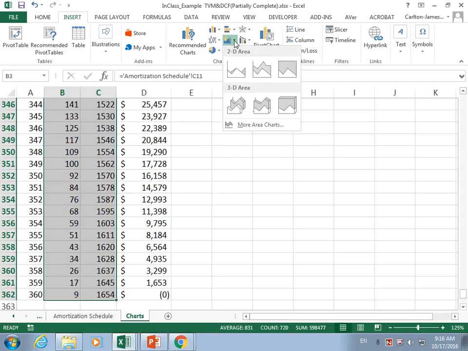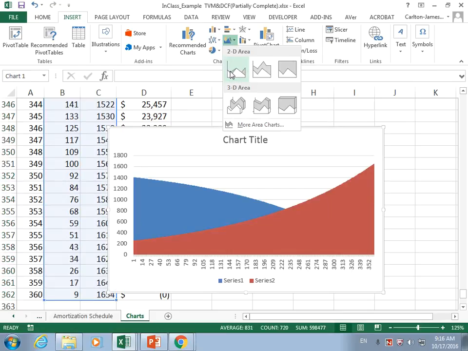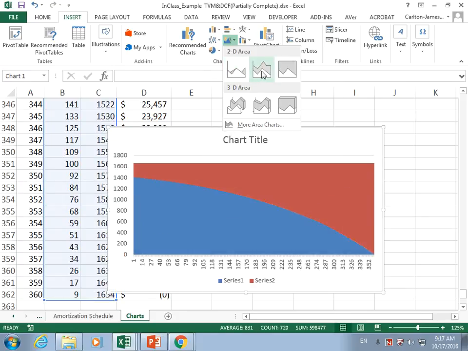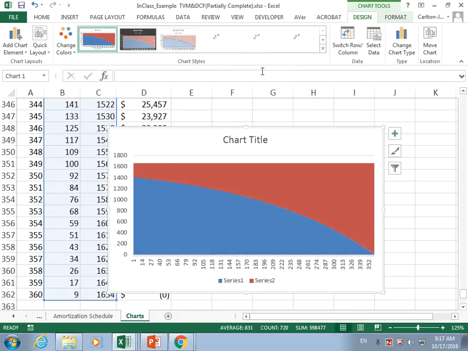Let's see. Okay. So we could pick this guy here, and that's what it would look like, where this is the amount of interest you're paying, and this is your principal. But let's stack them on top of one another. Okay, and let's pick this instead.